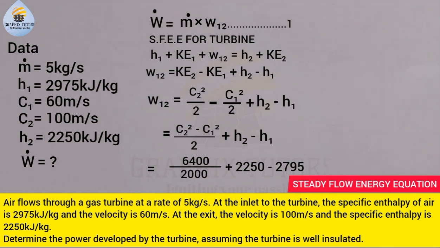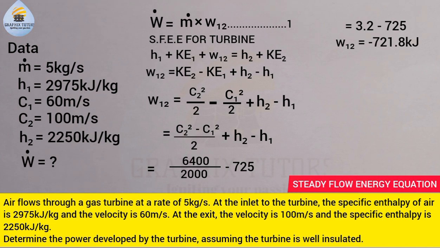Now if you subtract 2250 minus 2975, you get minus 725. If you divide 6400 by 2000, you get 3.2. So we have 3.2 minus 725, and our work transfer gives us minus 721.8 kilojoules per kilogram.